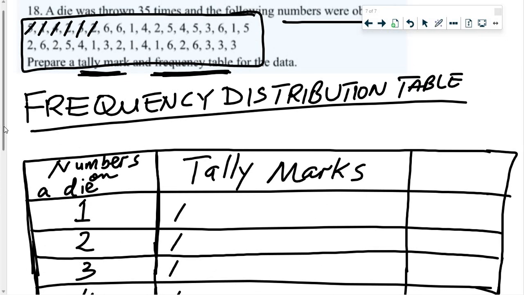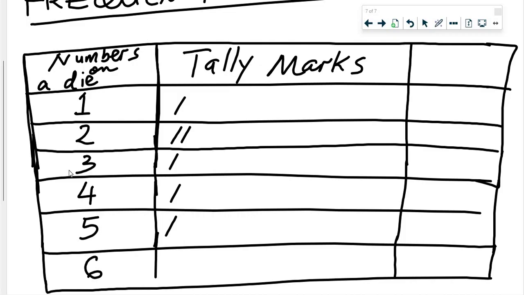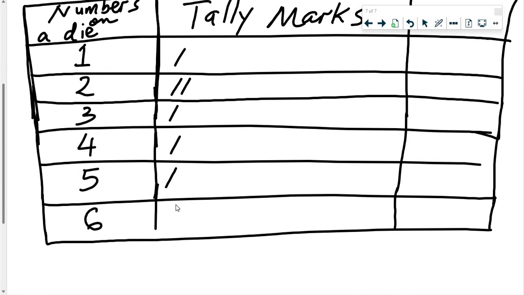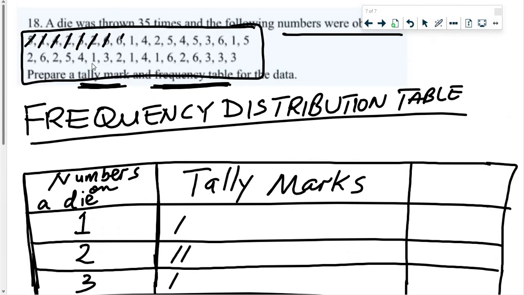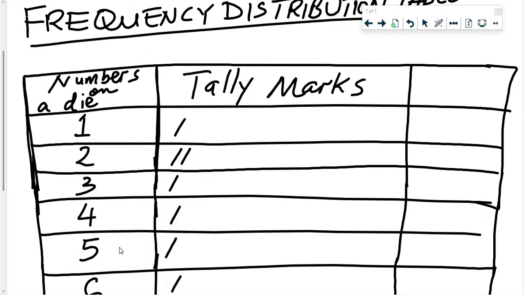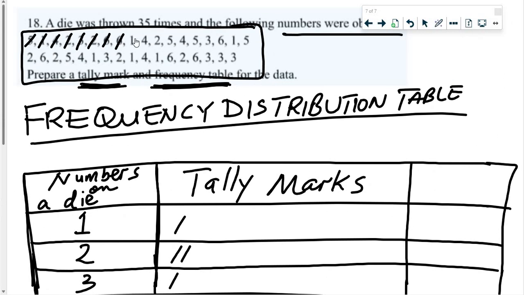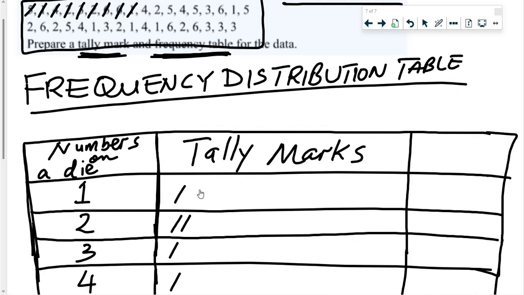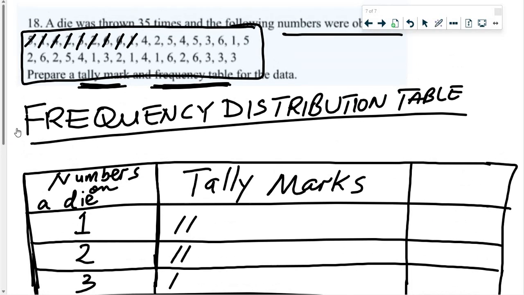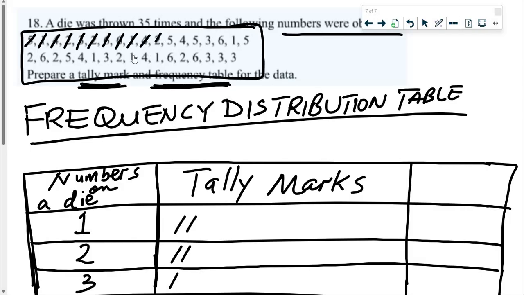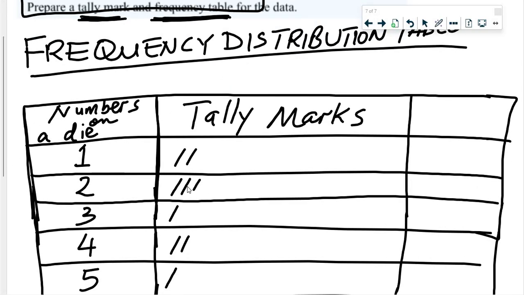You have 2 again, record here. You have 6, record here. Keep going, again 6, record here, 6. And then you have 1, record here. You have 4, record it here. You have 2, record here.